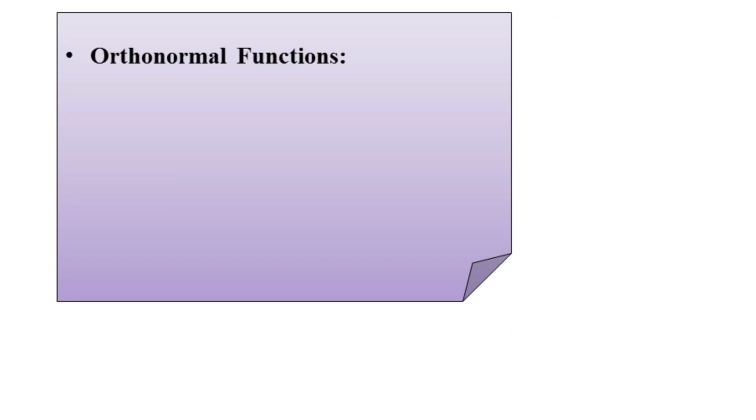So here we see, after the orthogonal functions, the orthonormal functions. For the orthonormal functions, again we take for example the two functions f1 of t and f2 of t.